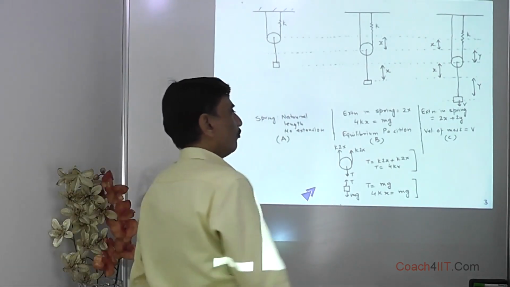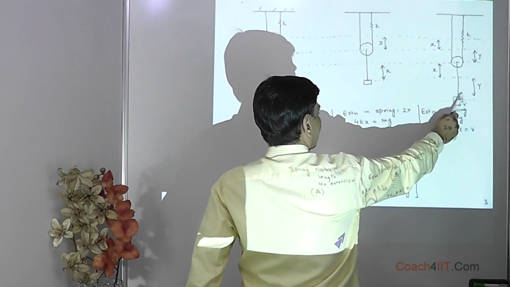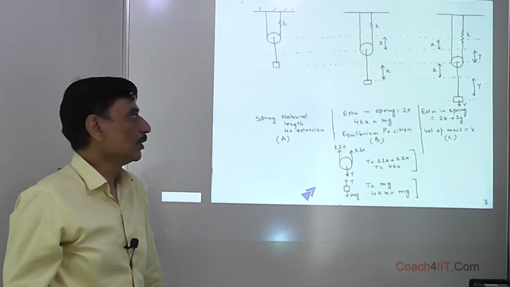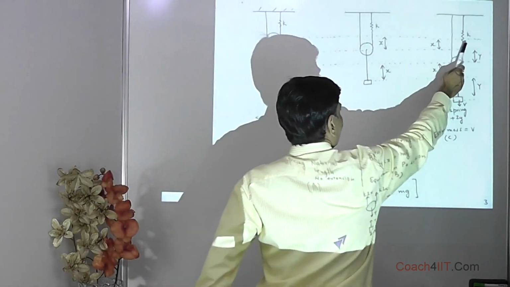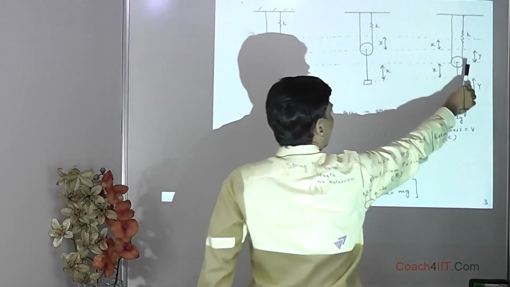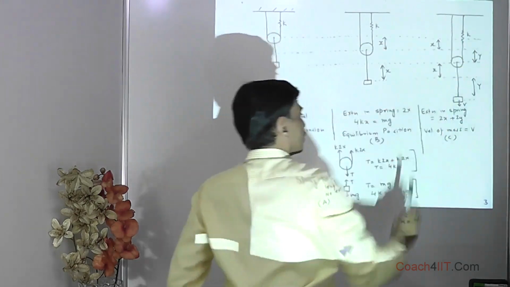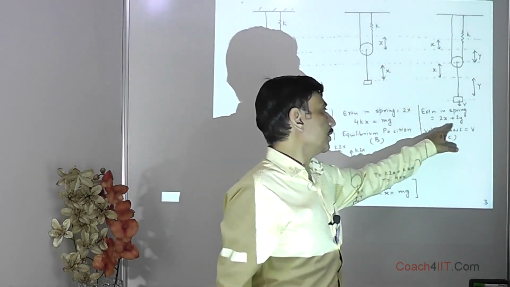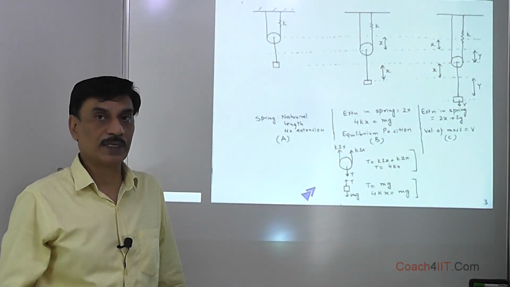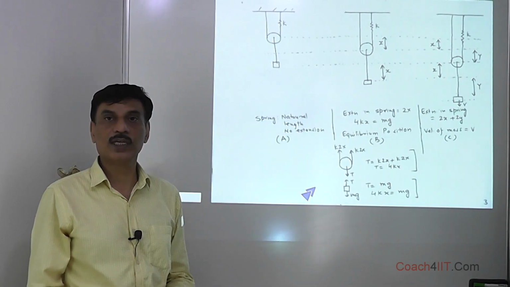When it goes a further distance y, the stretch in the spring further increases by 2y. When it had gone x, the stretch was 2x. Now when it further goes by y, there is a further stretch of 2y. So the extension in the spring is 2x plus 2y, the total stretch, and the velocity of the block is v in the downward direction.